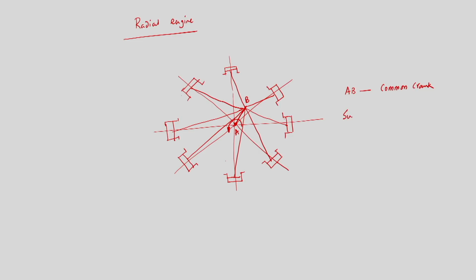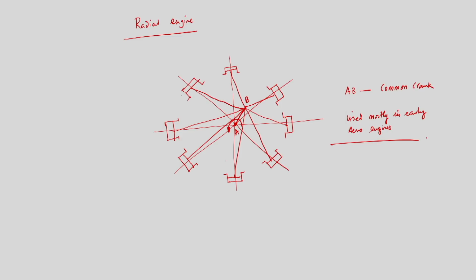Radial engines are used mostly in early aero engines. So, this is the radial engine.